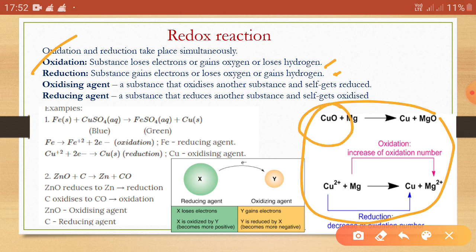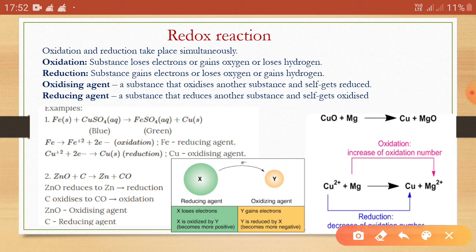Okay, so we are taking this example. Here CuO, that is cupric oxide, reacts with Mg, magnesium, and gives us Cu, copper, and MgO, magnesium oxide. In this reaction, on the left side it is Cu2+, and on the right side it is Cu. So there is a decrease of oxidation number, so reduction happens here.